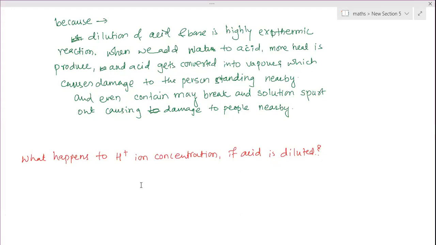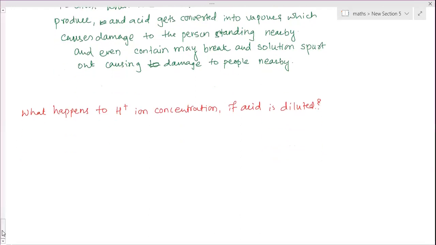Will decrease. How? Because you add water, so the solute is decreased, so the H plus ions also will decrease. Number of H plus ions are changing? No. Then how will the H plus ion concentration decrease? But hydronium ions would be more, right?